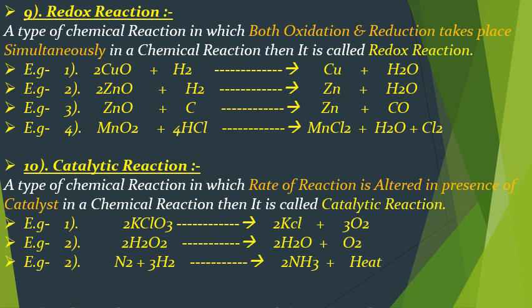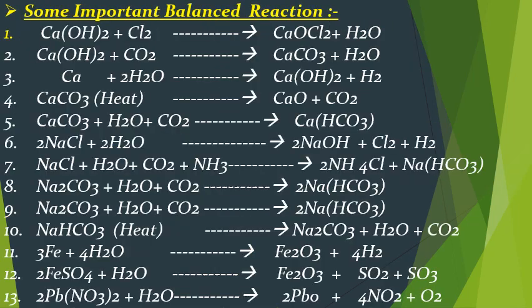This type of catalyst will decrease or increase the rate of the chemical reaction, slow or fast. First, potassium chlorate splits into potassium chloride plus oxygen. Second, hydrogen peroxide splits into water plus O2. Third, nitrogen plus hydrogen gives ammonia, 2NH3, plus heat.